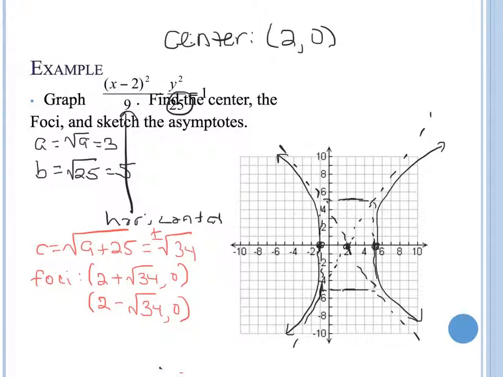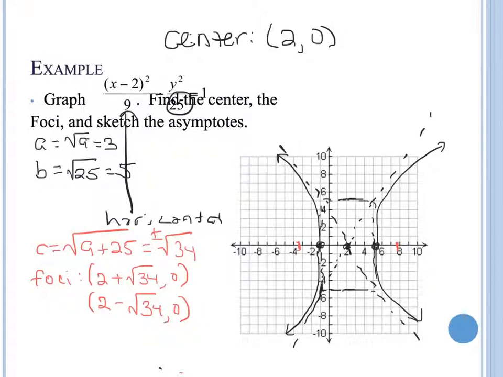The square root of 34 is almost 6. So 2 plus 6 would give us almost 8, almost but not quite, and then 2 minus 6 would give us not quite -4. And so those two values in red there are approximately where the foci would be.